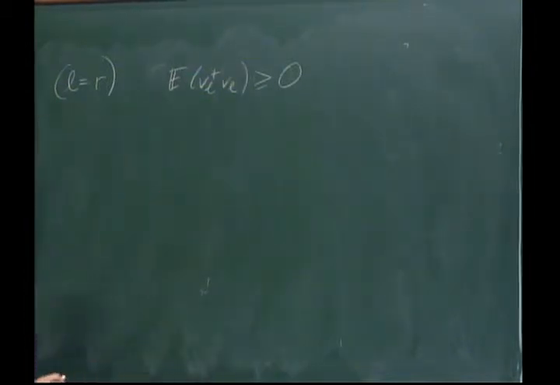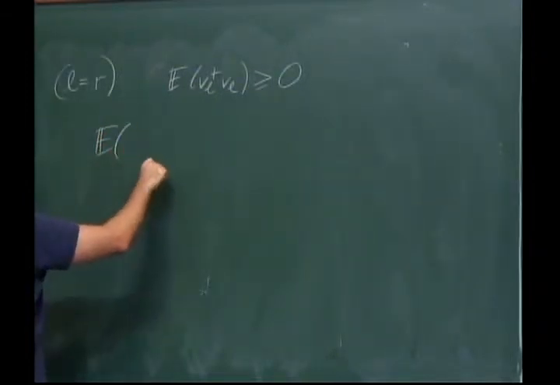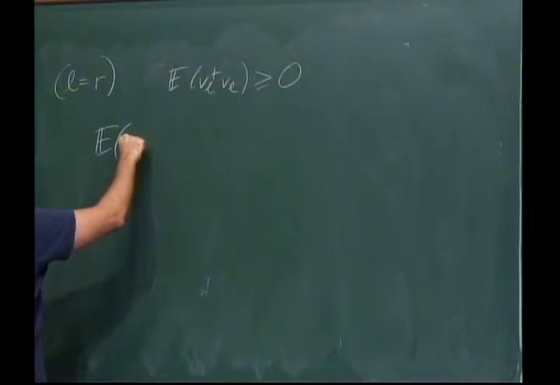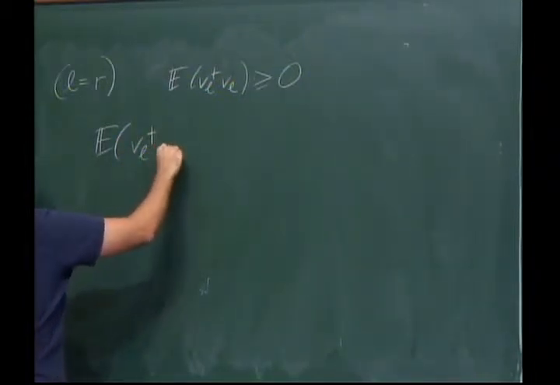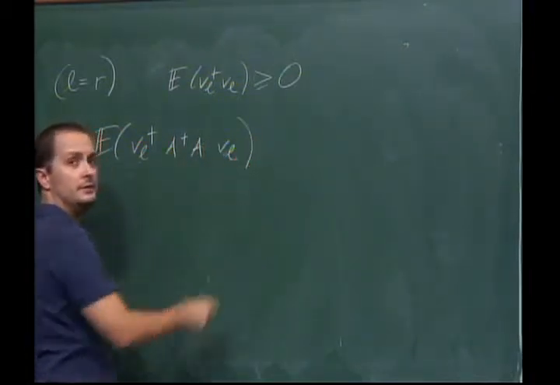I don't want to care about these guys. Now I've got the expectation of VL inner product A transpose A VL.